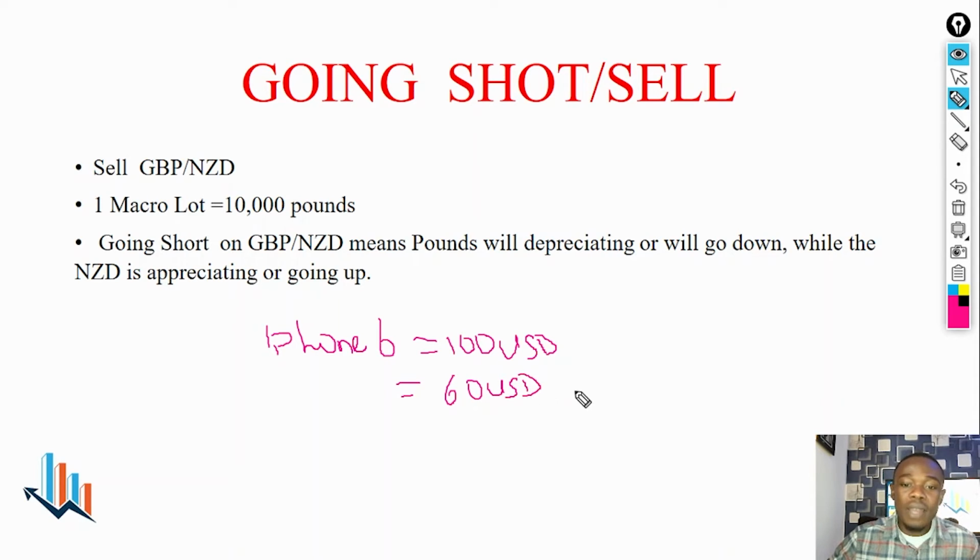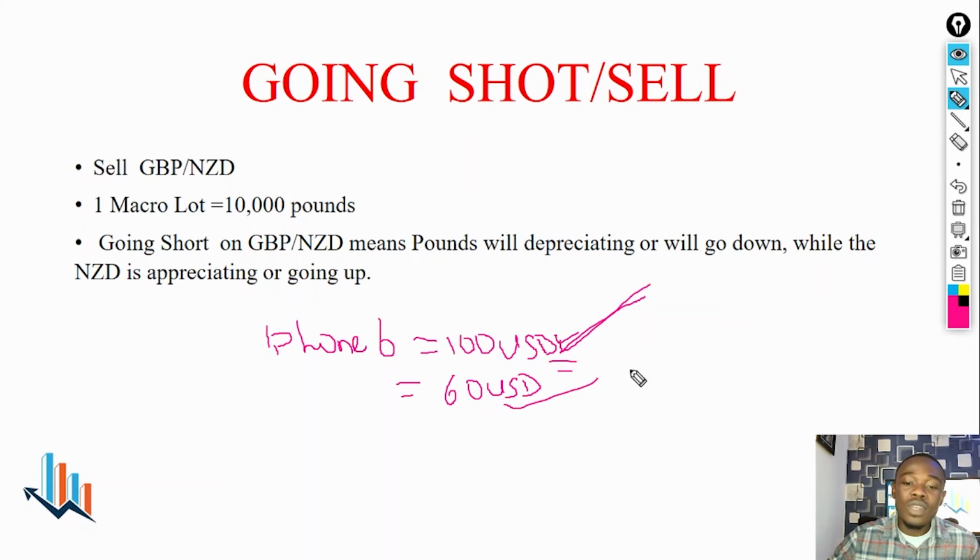So for you to make money out of that information, you will sell your iPhone at 100 USD, and later, having your 100 USD, you go in for another iPhone like the one you were using at a smaller, minimal cost of 60 USD.